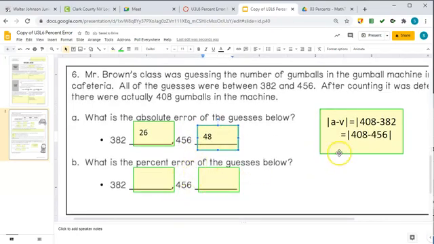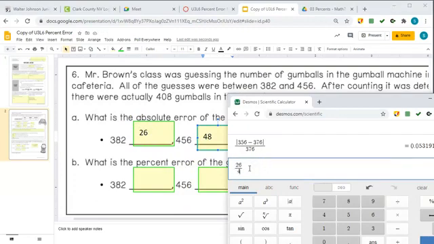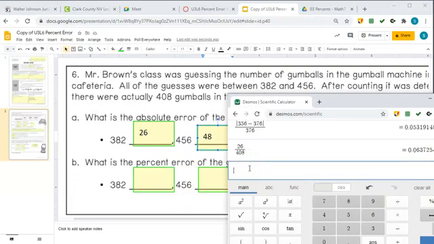What is the percent error? So we need to take this error and divide by the actual. I'm going to go ahead and grab my calculator here. Let's take 26 divided by 408, and we get approximately 6.4%.